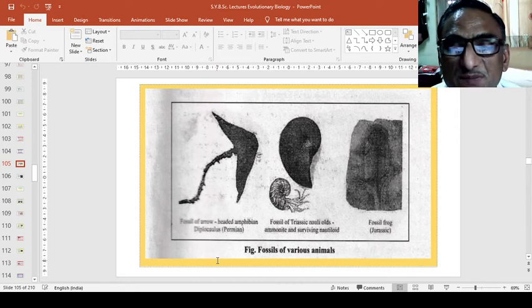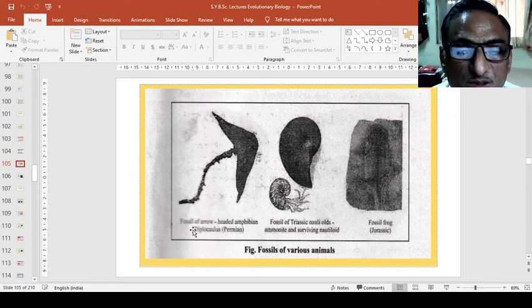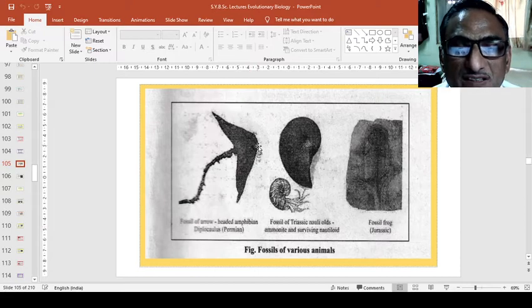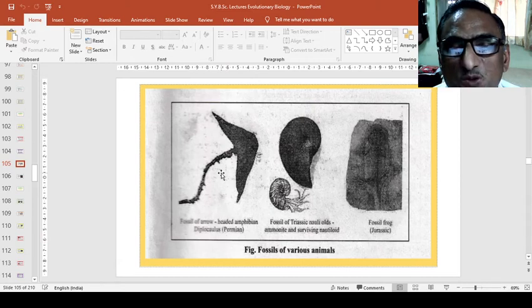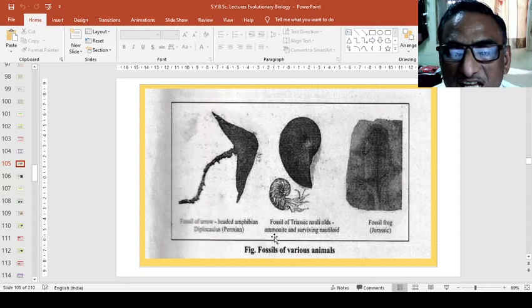So these are the pictures of fossils of various animals. This is a fossil of an arrow-headed amphibian. This might be from the Permian period. So this is so old. Then fossils of Triassic nautiloids, ammonites, and surviving nautiloids.